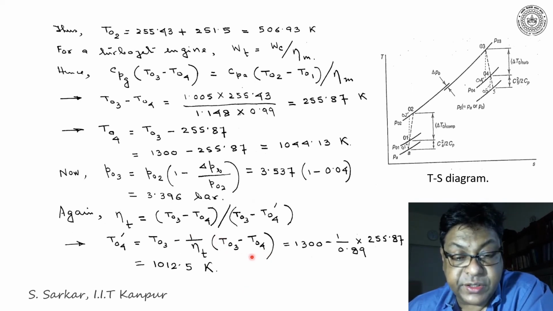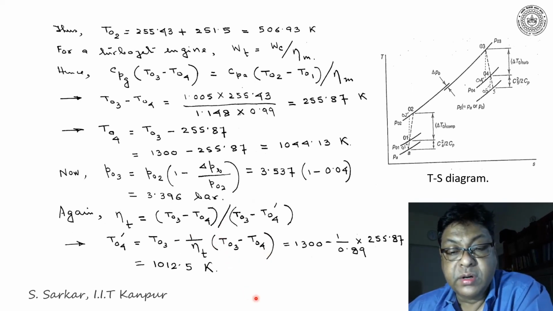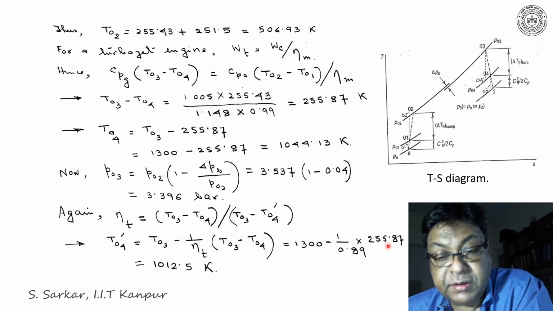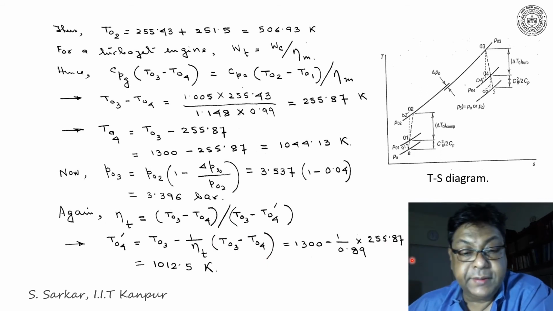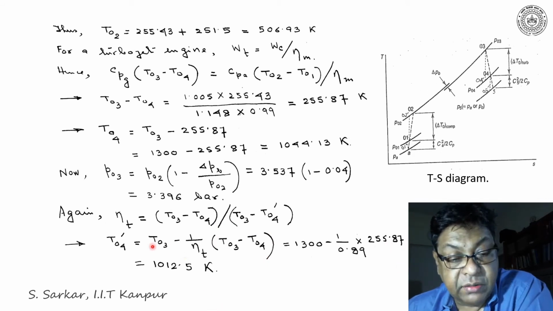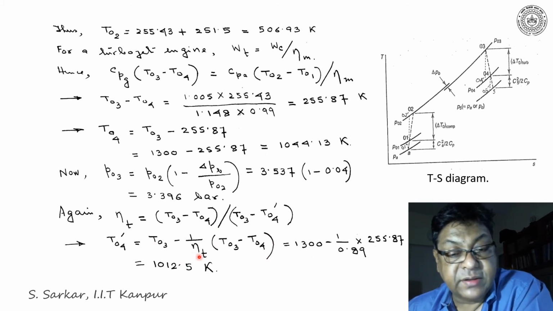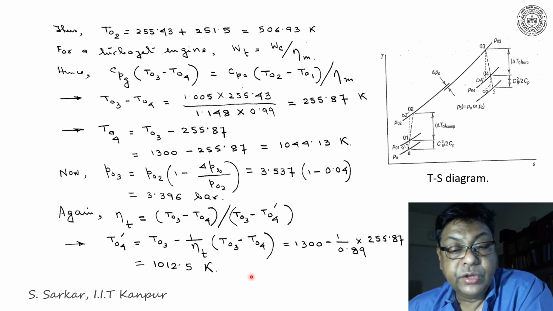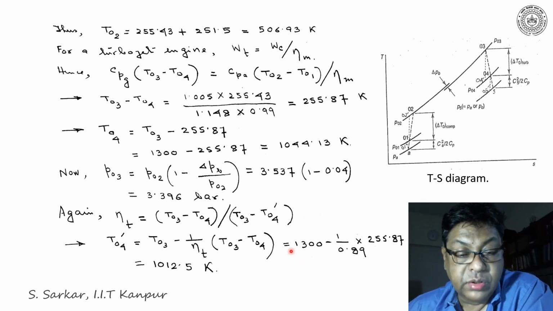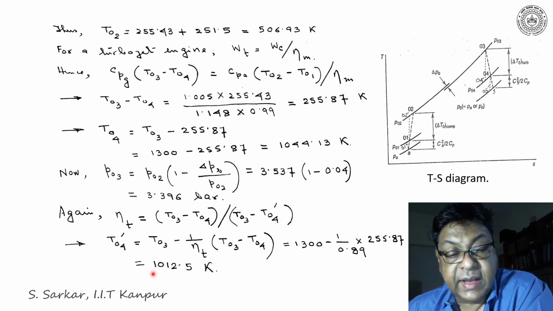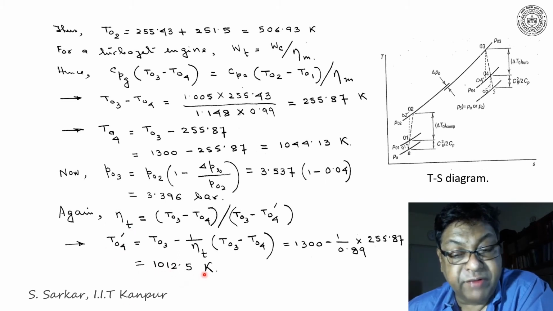I have evaluated T03 minus T04 as 255.87. T03 we know as 1300. Eta T is given as 0.89. So all values are known. Therefore, I have evaluated T04 dash as 1012.5 K.